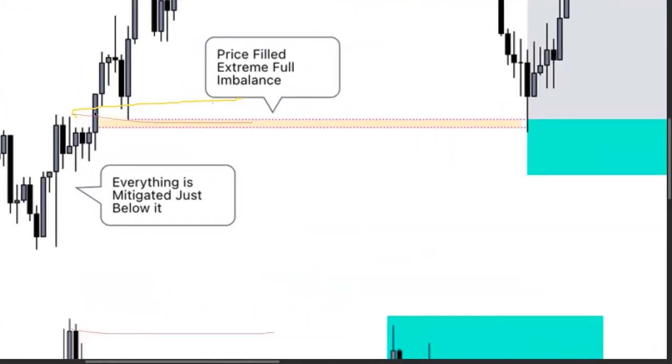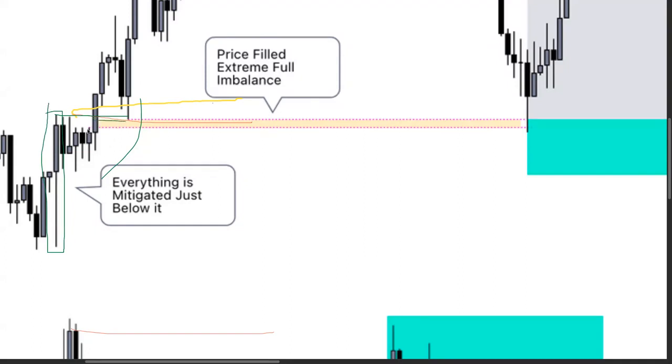Yes, okay. This candle is already mitigated here. If you're marking by this candle, then it is mitigated. But look at this one. Below it, there is no unmitigated order block, and this candle is very large, so we use refinement.